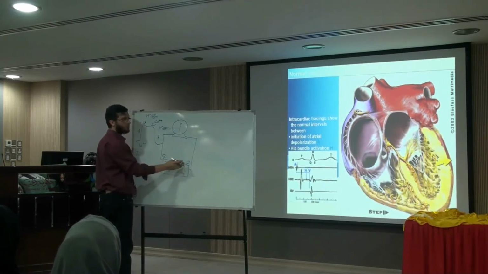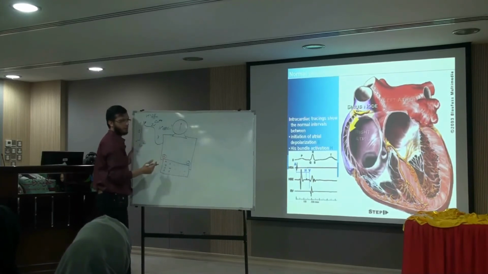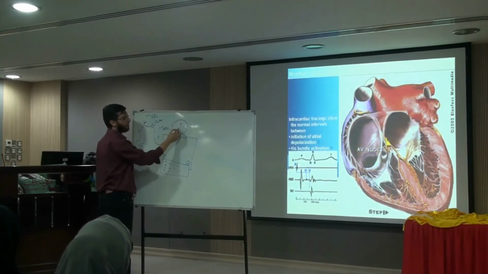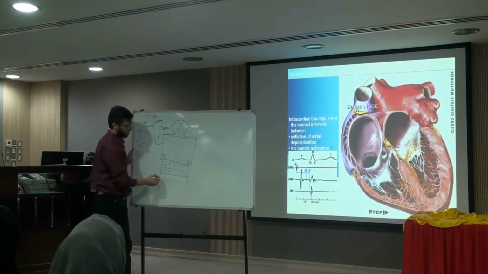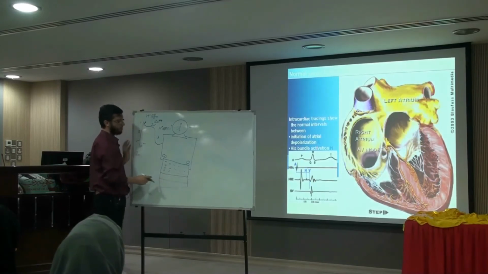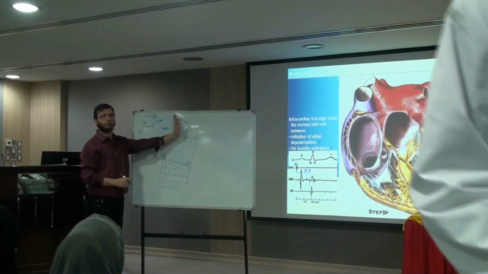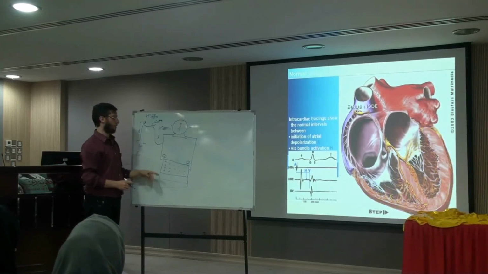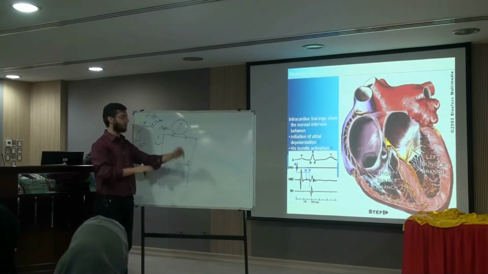So positive towards positive, you get a positive deflection of this galvanometer. It can come like this, or like this, or like this, according to the thickness of the cardiac tissue. If it is not that thick, it gives you maybe 5 plus. If it is very thick, it gives you 10, 15 plus.